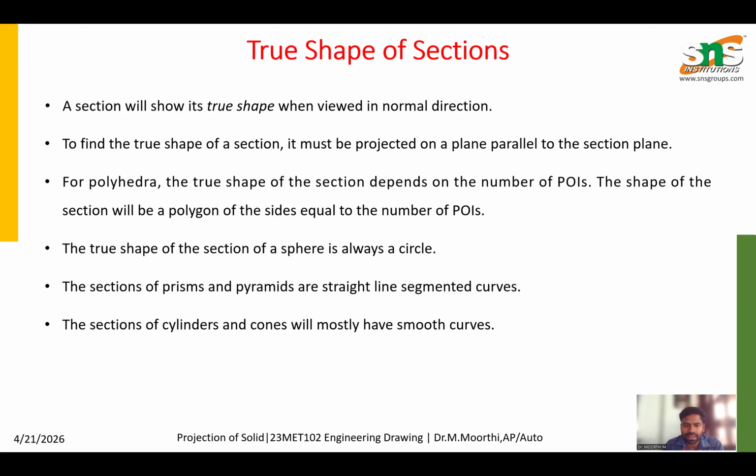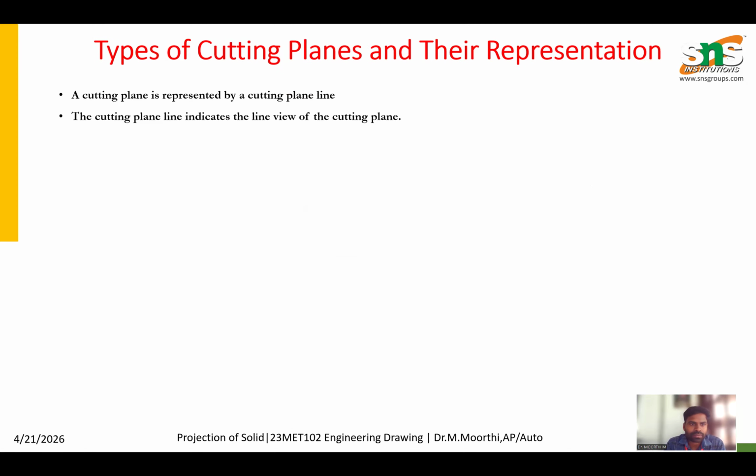If we have a prism or a pyramid, the true shape or section lines should be drawn as straight lines, whereas for a cylinder or cone they should be drawn as smooth curved lines.